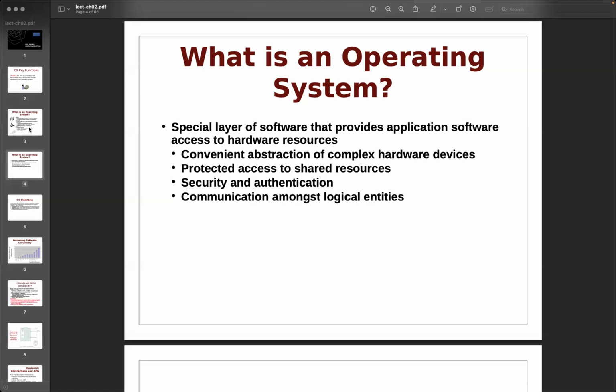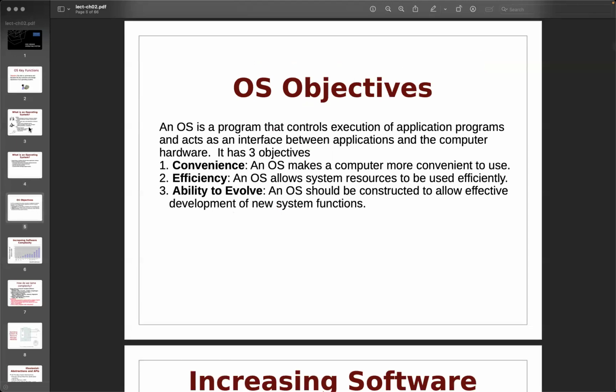So it's more about security, and it also helps us communicate between logical entities, like the gates here, which are more like physical hardware.